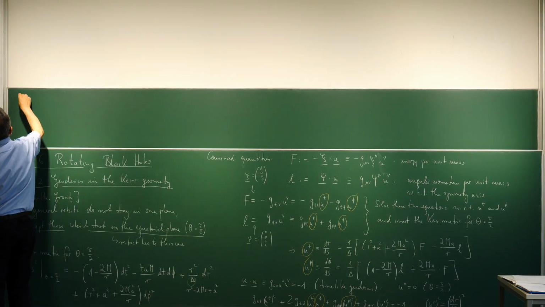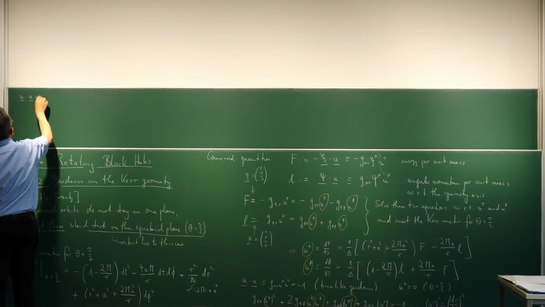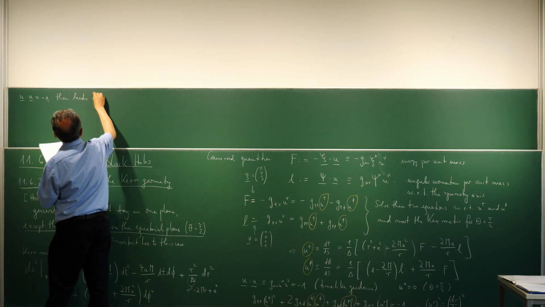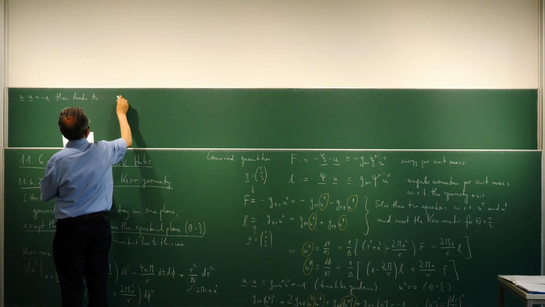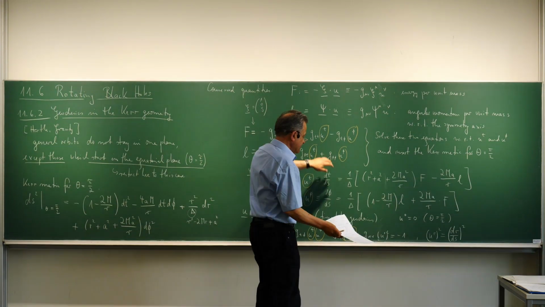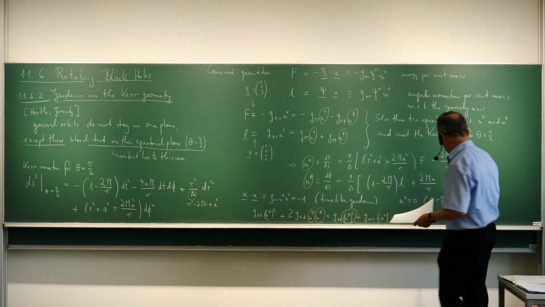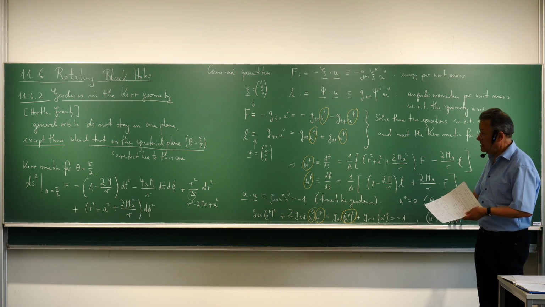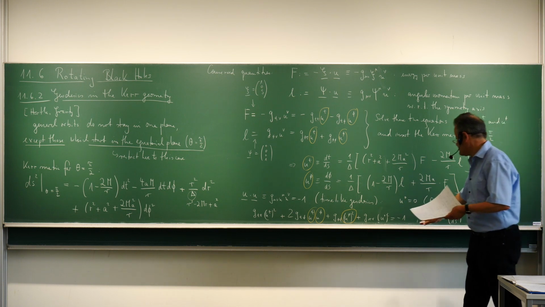So u times u equals minus 1 then leads to the following, which I write in that suggestive form, dividing by the term so that the first term is one half (dr over ds) squared, the kinetic term per unit mass.